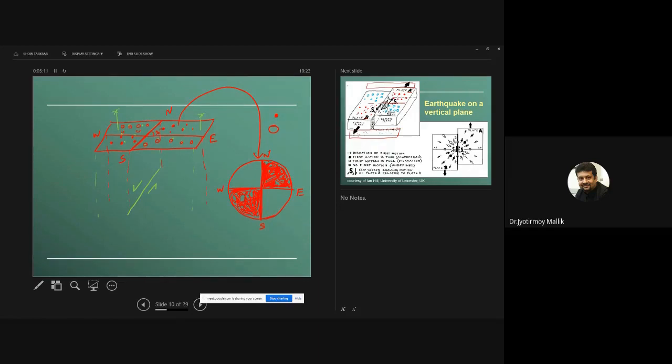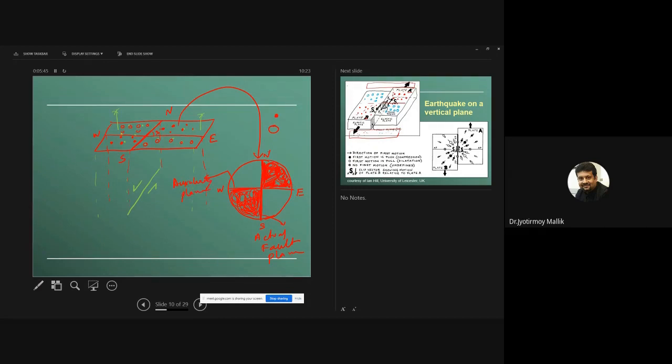It's a plane which is conjugate or complementary to my actual fault plane. Okay, so the north-south plane is my actual fault plane, and the east-west plane is my auxiliary plane. That's how we define it.